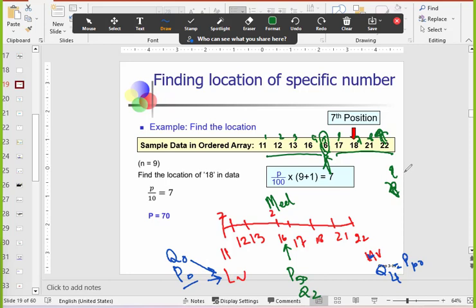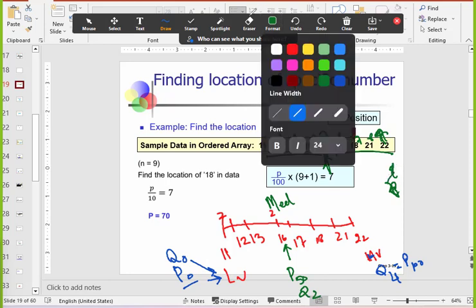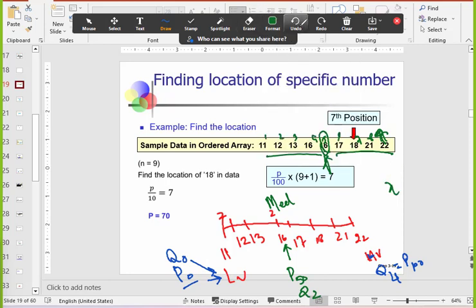You need x, i, or p. So x is the value, i is the position, and p is percentile. So x is value. So he is giving us x and he wants to find the location, so location in terms of percentile.